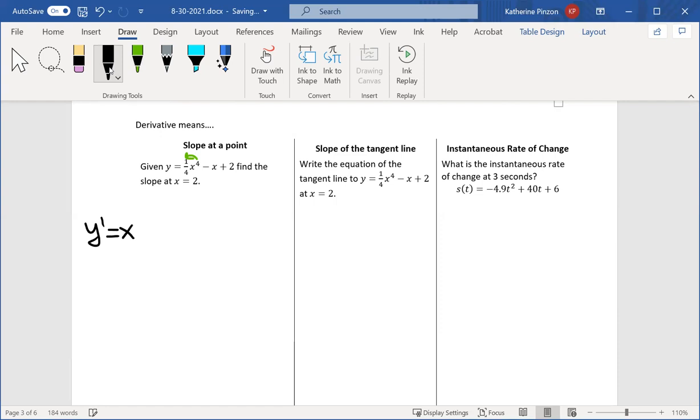X to the 3rd, subtract 1 from the power. Minus, what's the derivative of x? 1. And what's the derivative of 2? 0. So the derivative is x to the 3rd minus 1. The slope at x equals 2 is going to be 2 to the 3rd minus 1, 7.